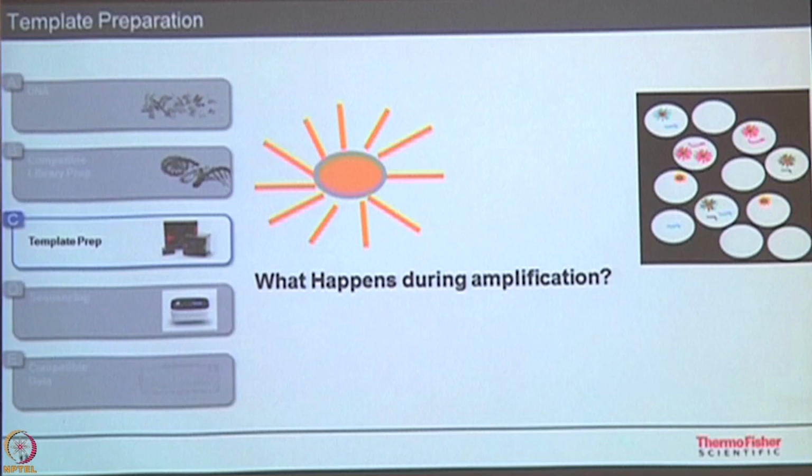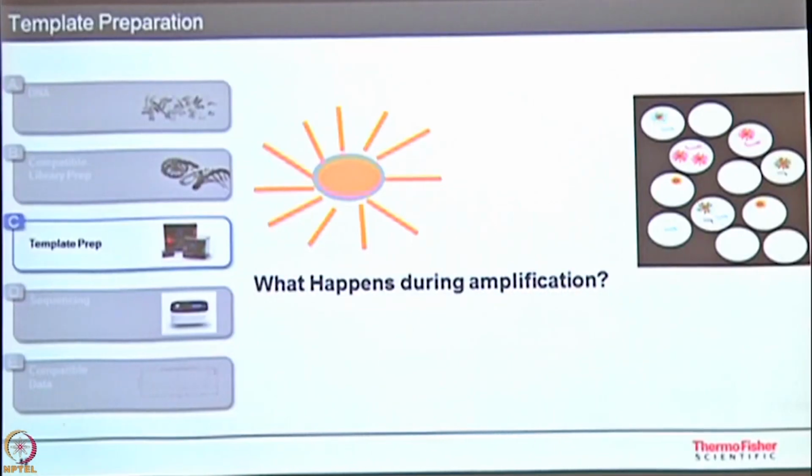When these emulsions are being created, you are making water droplets surrounded by oil, and you are trying to amplify these library molecules. When this emulsion is being created, there is a random distribution of these ion spheres with the library molecule and enough PCR components for it to amplify this library molecule onto this ion sphere.